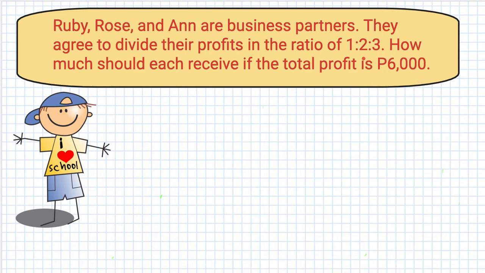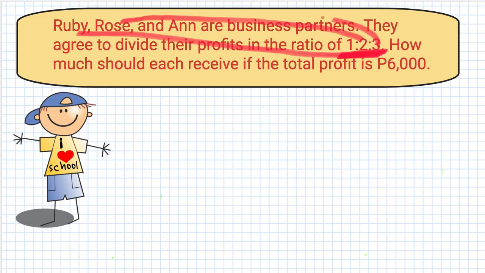Part 1 is for Ruby, part 2 is for Rose, and part 3 is for Anne.